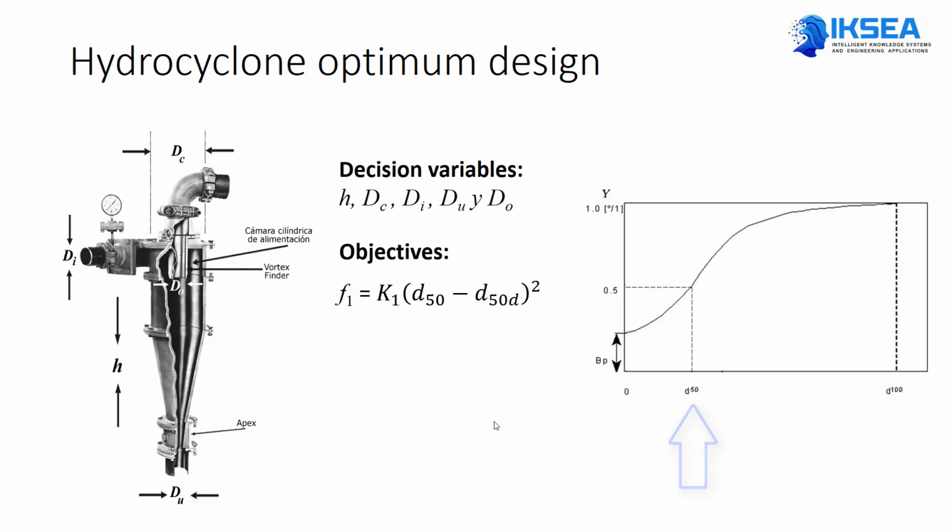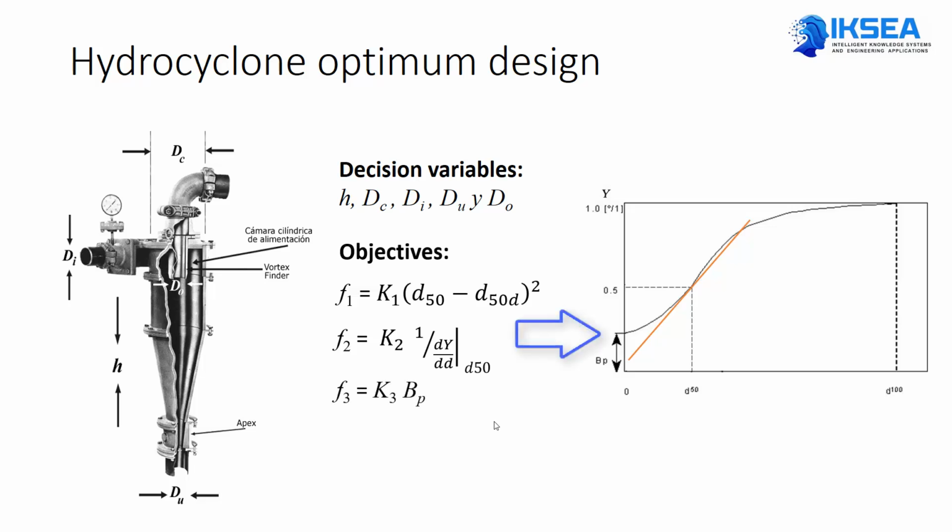the desired mean diameter. Second, a function that calculates the inverse of the derivative of the separation curve at the point of the mean particle diameter. This ensures the size separation is as sharp as possible at the mid-diameter point.